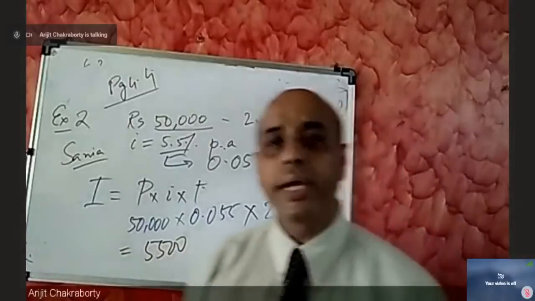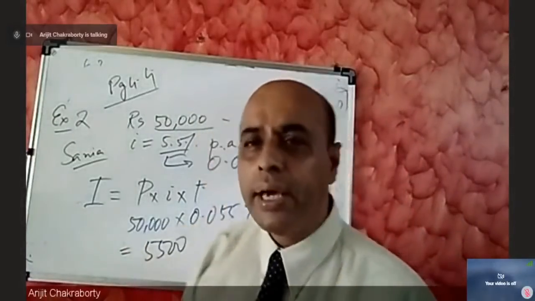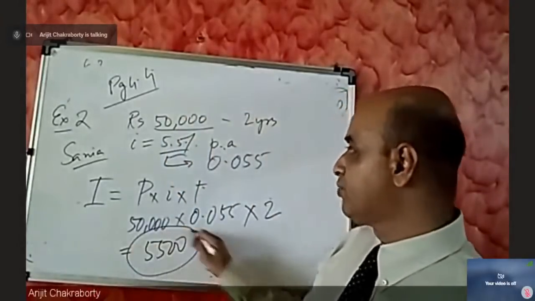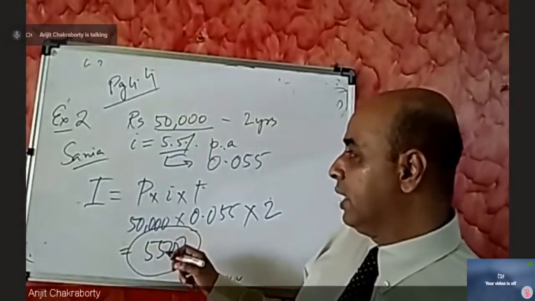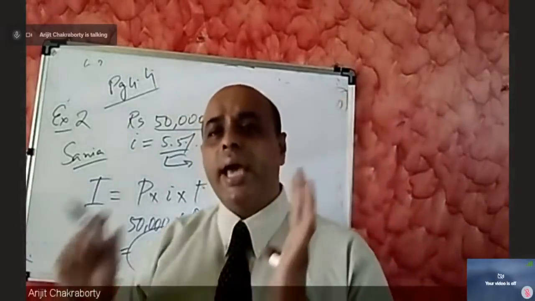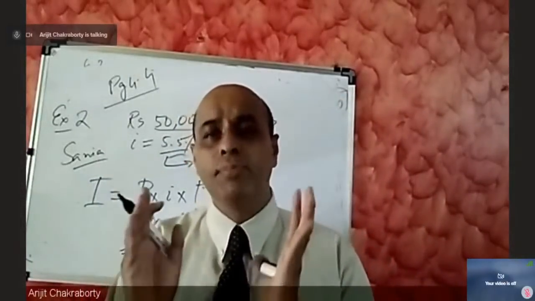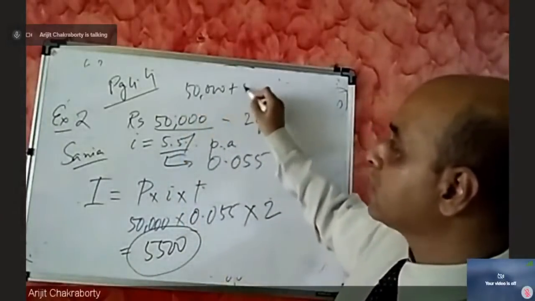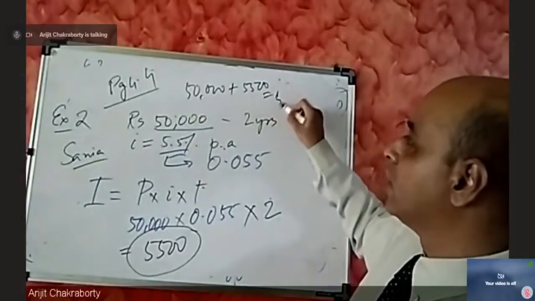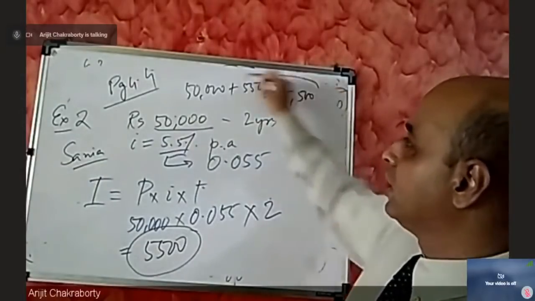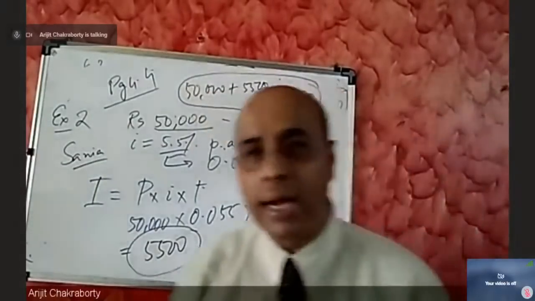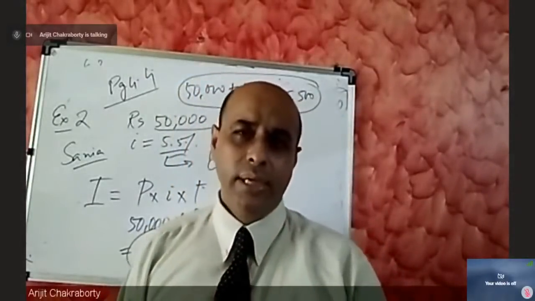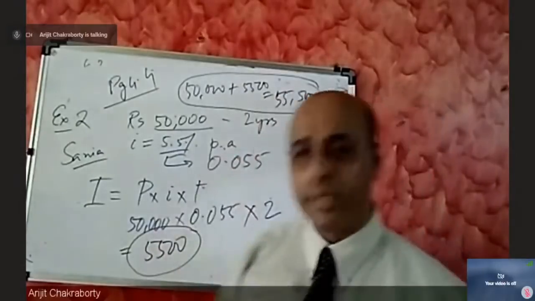So the interest she will be earning after 2 years is 5,500, and after 2 years, the accumulated balance she will have is 50,000 plus 5,500, which is 55,500. This will be the accumulated balance, or the amount, which she will have after 2 years. So this is the concept of interest.